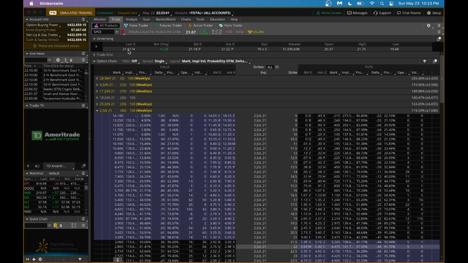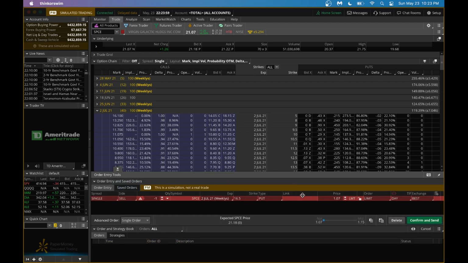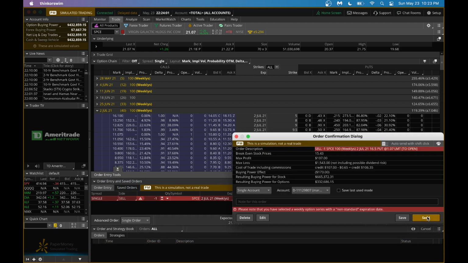So if you see here, it's $21 right now. If you sell something at $16, or, this 40 days is also okay. I think 40 days is a safer choice here. You could sell some at 16.5, which is 20 delta here. And if you do that, you will collect $1.07, and the buying power reduction is 173, not too bad at all.